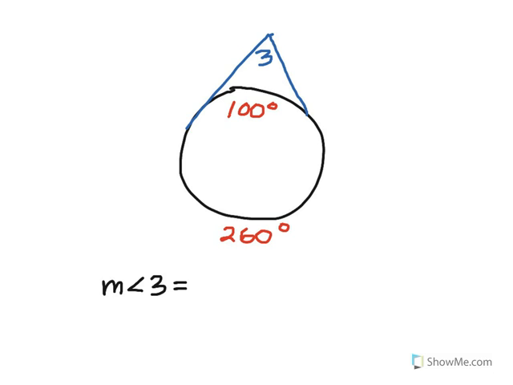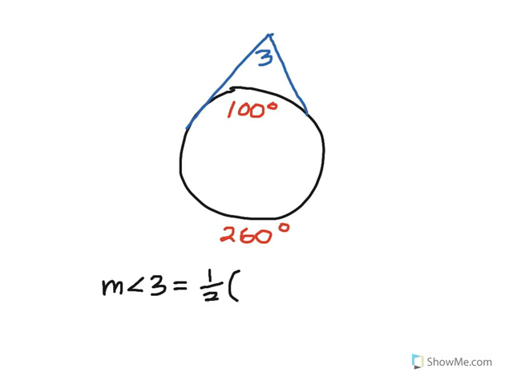Okay, the next example, I have two tangents drawn to a circle from a point outside the circle, and that angle 3, that external angle, should be equal to half the difference between the two intersected arcs.